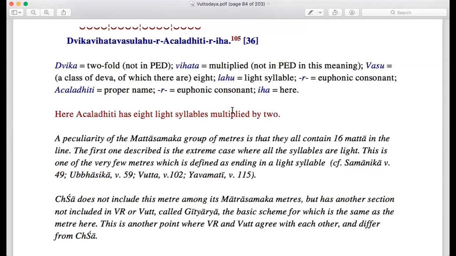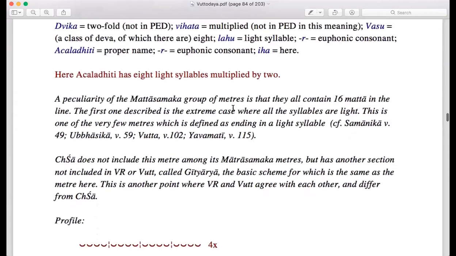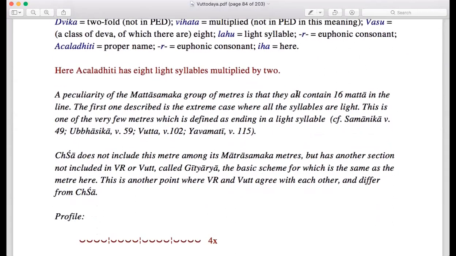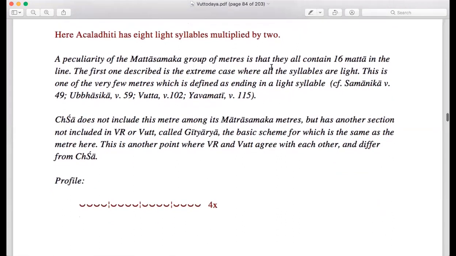So this is one of them, and I will show Bante Ananda Jyoti's idea also here in this first paragraph. You see, this is at the end of the second line. This is one of the very few meters which is defined as ending in a light syllable. So most of the times we consider the ending syllable as heavy, but in some verses we consider them as light syllables. So this is one of them.